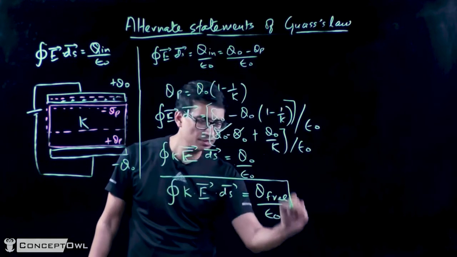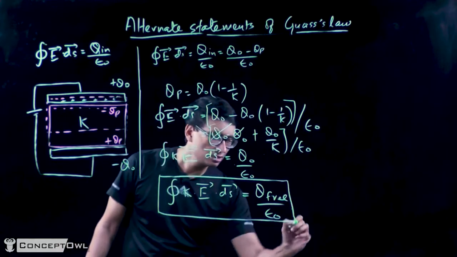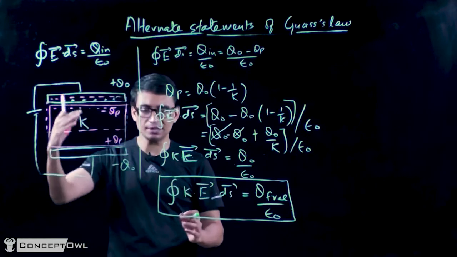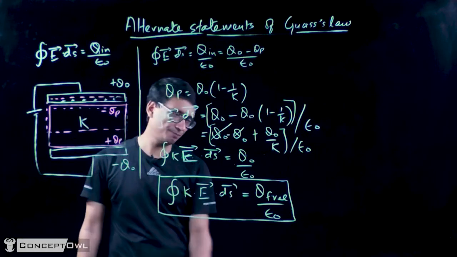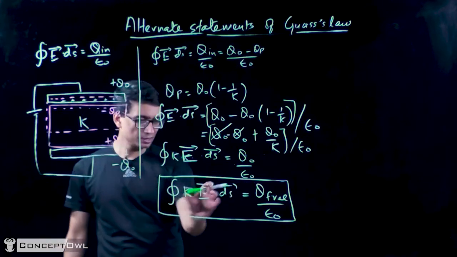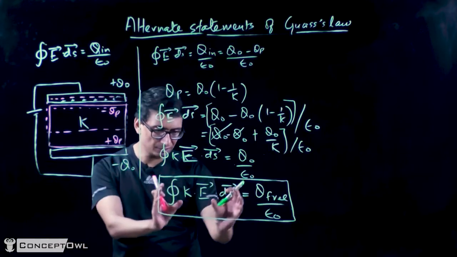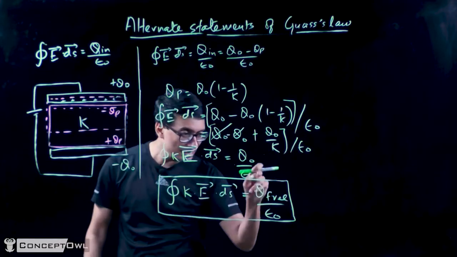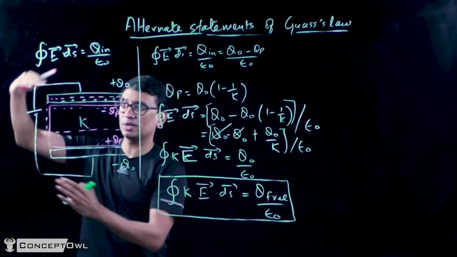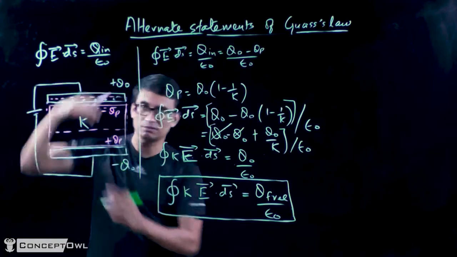This is the same as the earlier statement, but in the presence of a dielectric with dielectric constant K. So these two are equivalent. This one gives me the value of this integral in terms of Q free, which is something that we can easily measure.